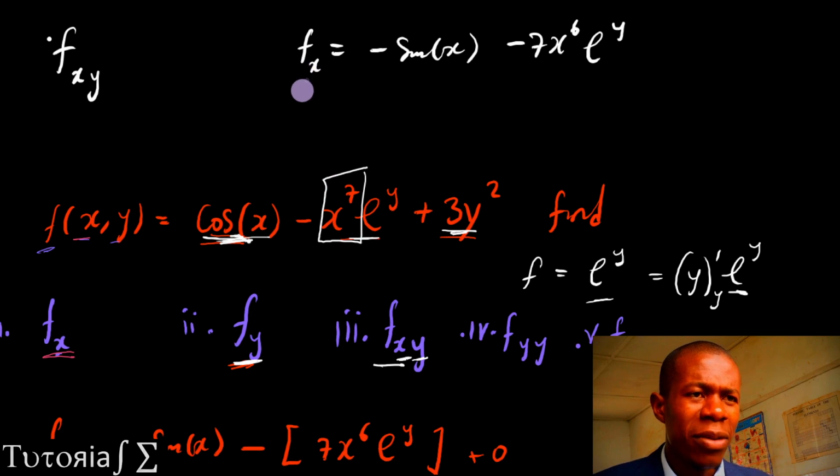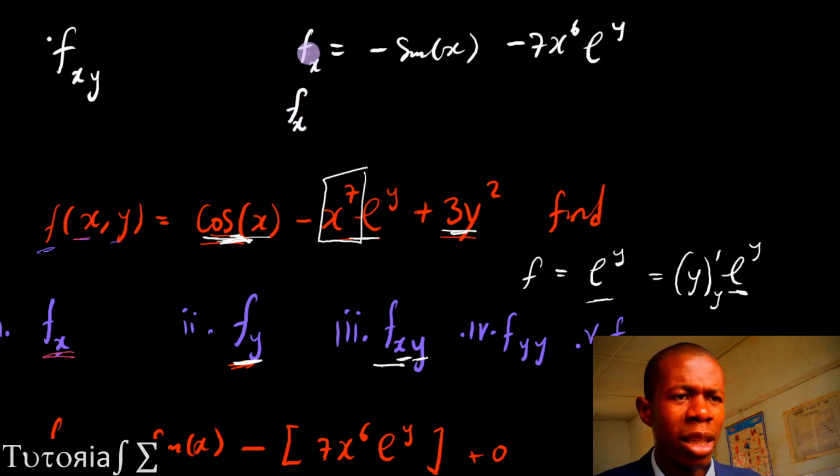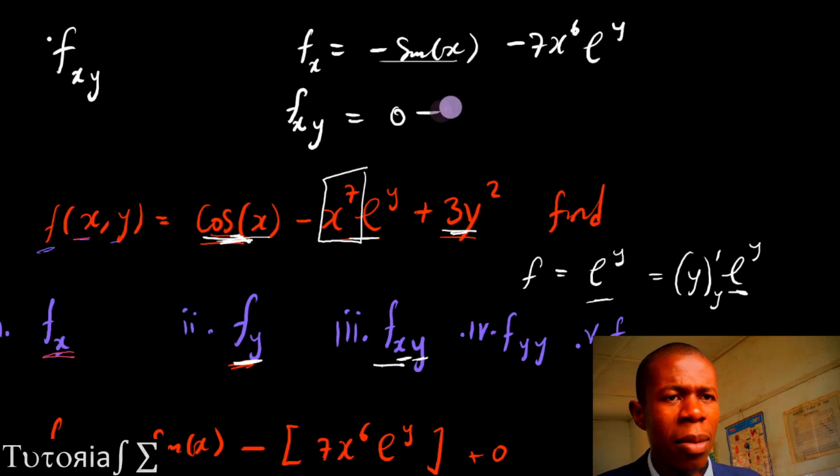And now we take f with respect to x, which is this, then we differentiate with respect to y. With respect to y, the first term has no y term in it, so it will be 0 minus. This one has a y term, so we differentiate it with respect to y.